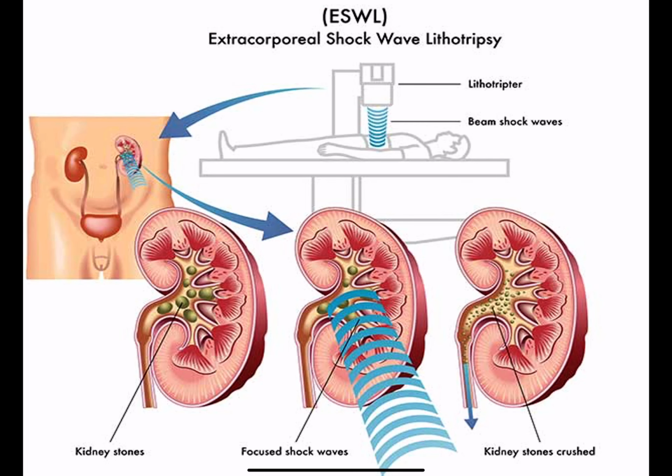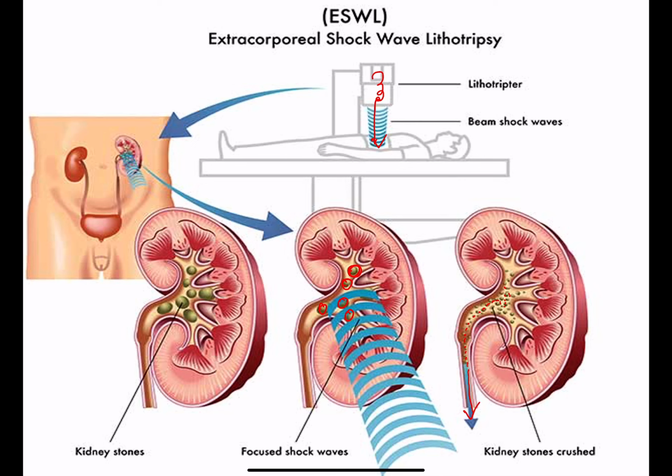So see, this is ESWL. It's just a picture to explain to you. Details later on I have for you guys. The patient is lying just under the machine. The machine will produce the shock wave. The shock wave will go down into the body and disintegrate the stones into smaller fragments, and the smaller fragments will come out spontaneously by themselves.